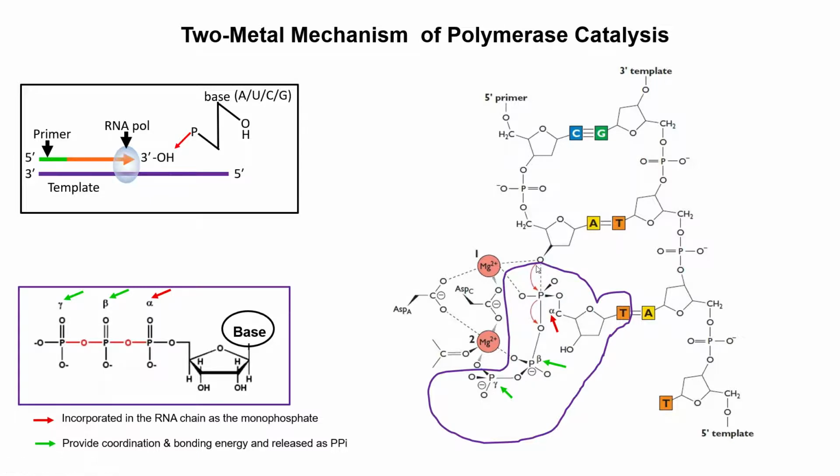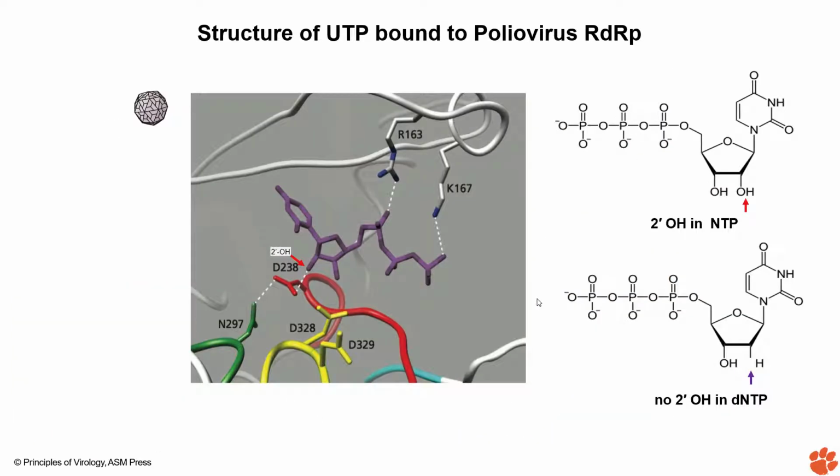This is basically the function of these amino acids, to coordinate these two metal ions for the reactions to take place. So that's the mechanism of catalysis.